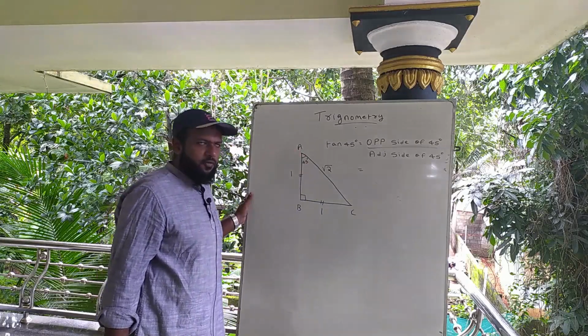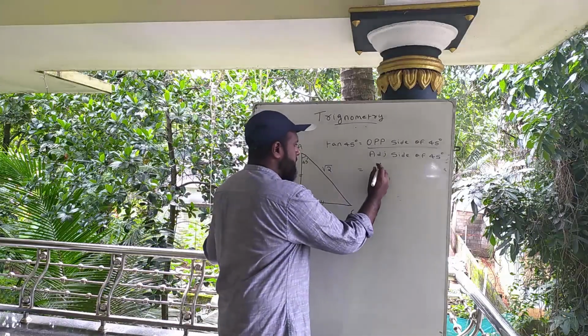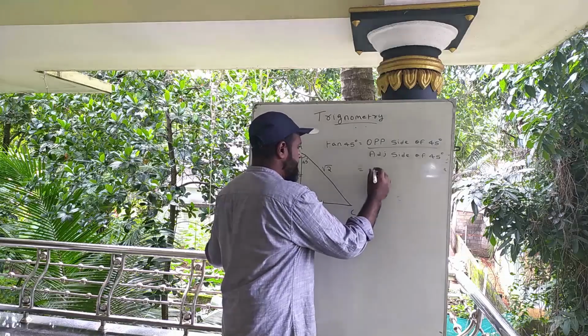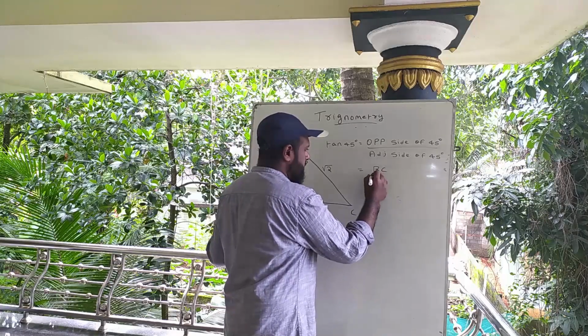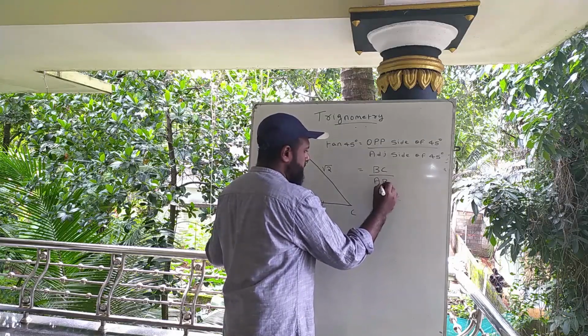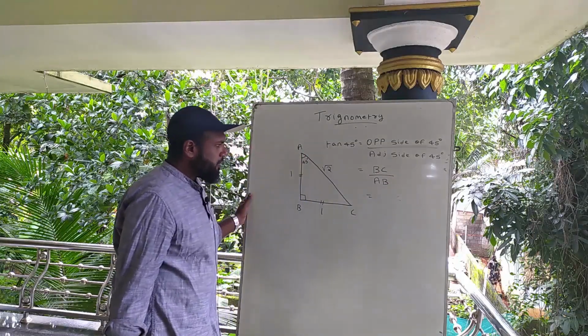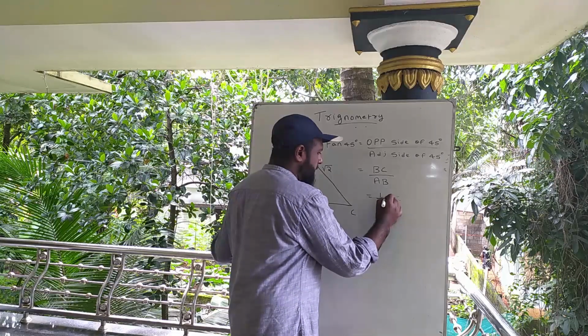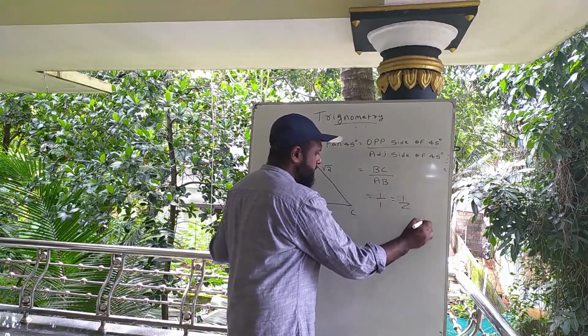What is the opposite side of 45 degree? That is BC by AB. BC by AB equal to 1 by 1 equal to 1.